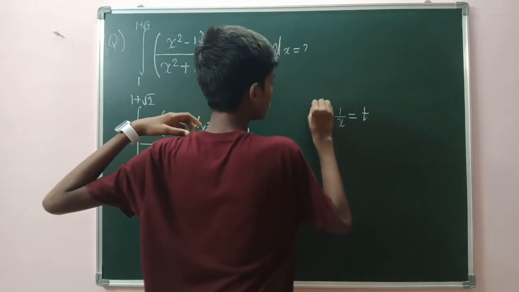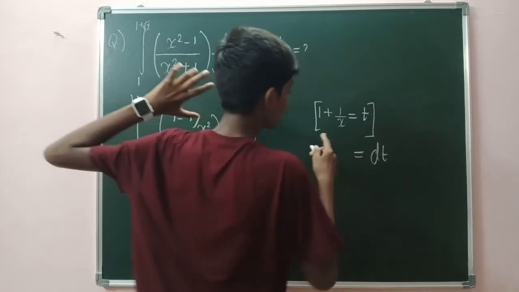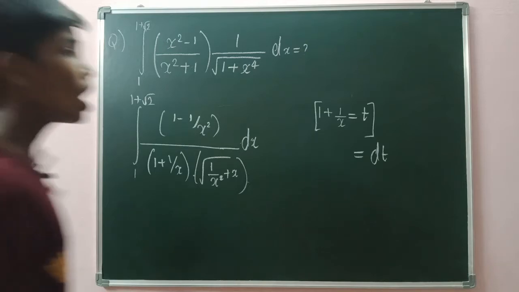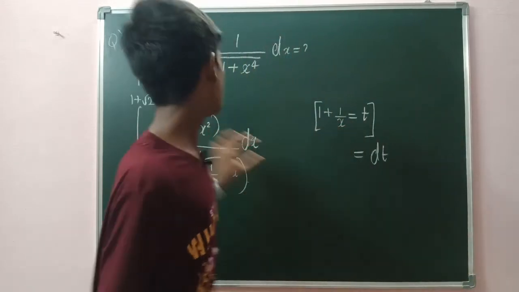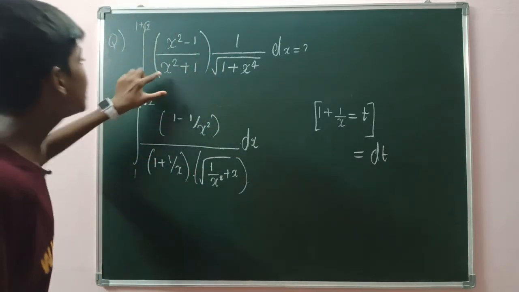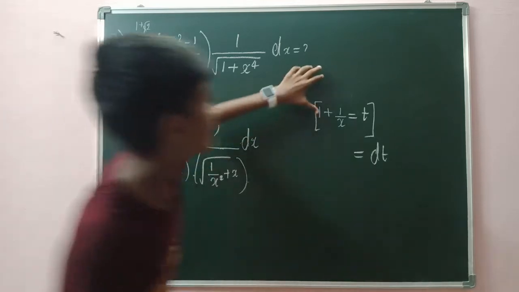If you take this as t, then dt will be the differentiation of this. But think carefully. What mistake I made here is, I was dividing (x square plus 1) by x, and when you do that, x square by x will be x.